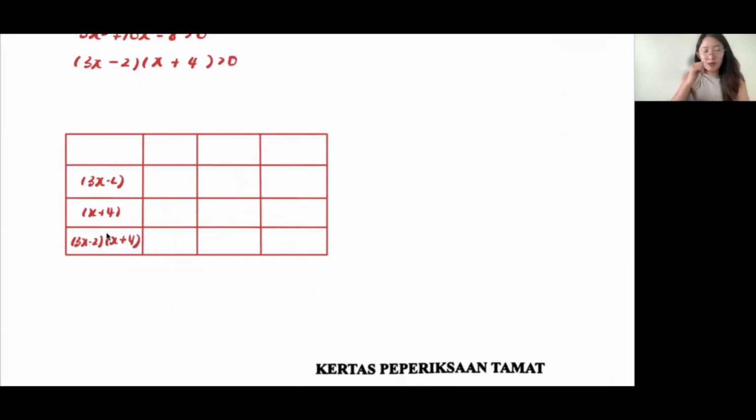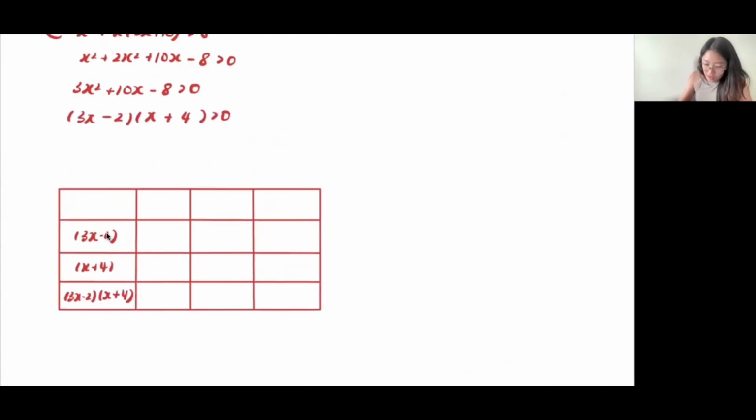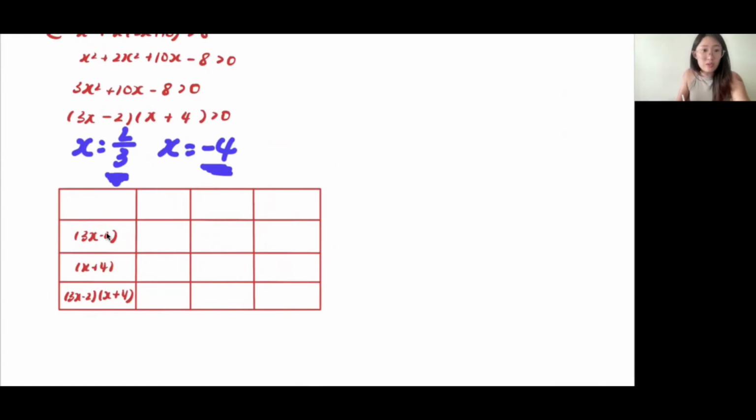If you are very familiar with solving inequalities already, actually we already know what the answer is. Agree or not? We have our roots. Roots: x equals 2 over 3, the other one is negative 4. This is the smaller root, this is the bigger root. So we have two types of answers only: either in between the two values, or x is lesser than the smaller root and x is greater than the greater root.